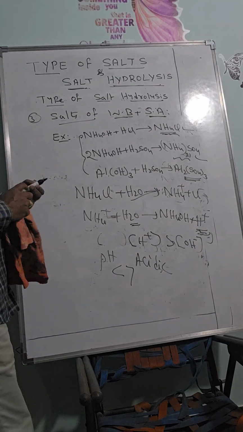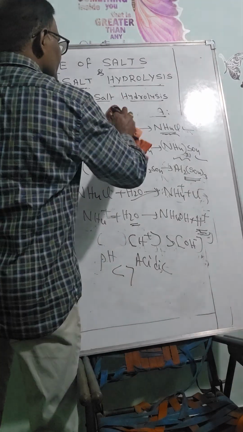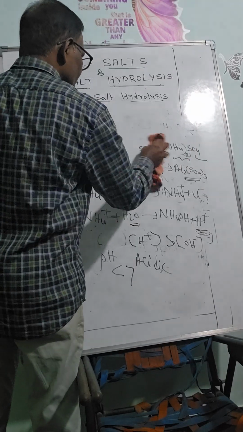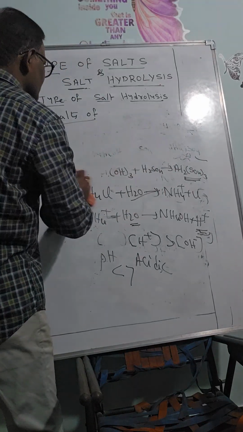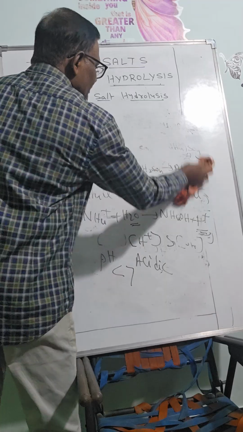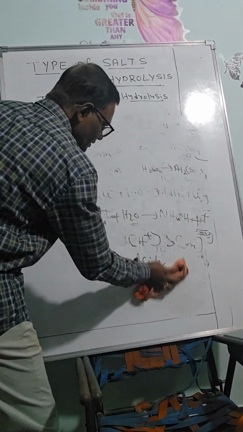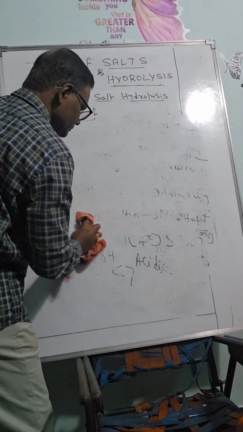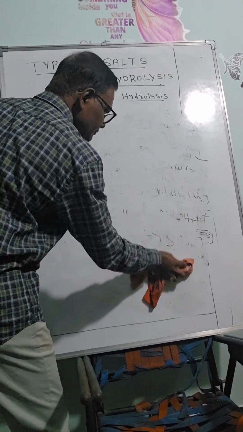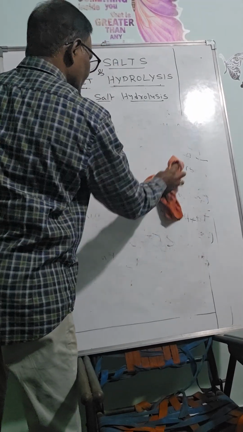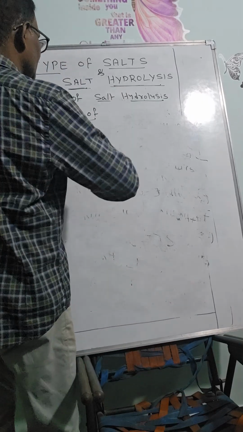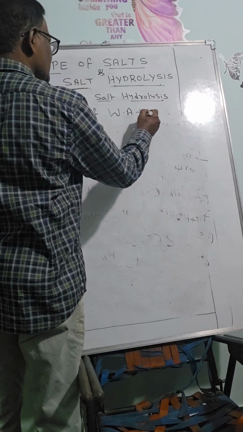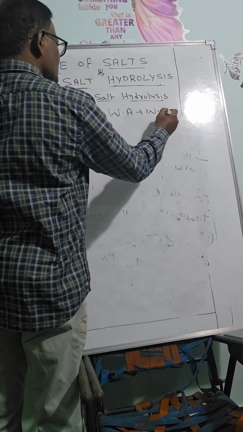Next, the last type of salts, the fourth type. Now children, salts of weak acid plus weak base.